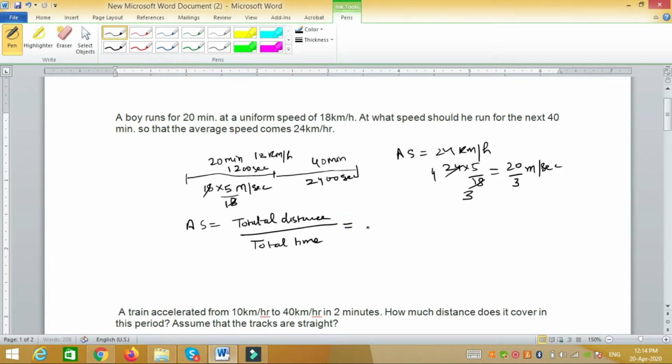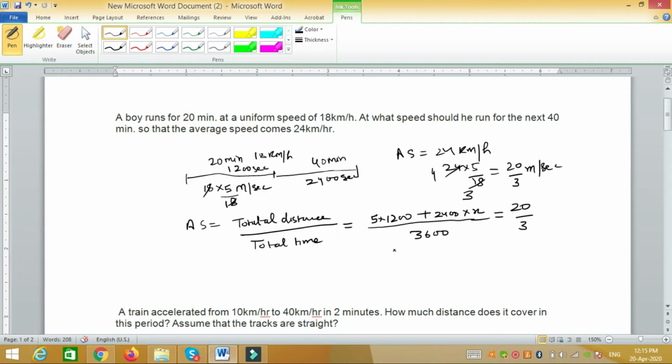The total distance in this case: distance is equal to speed into time, so you have to multiply this 5 by 1200, and similarly this 2400 is the time, and the speed we do not know, so we let it be x. The total time would be 1200 plus 2400, that is 3600. Total distance upon total time, you have to put it equal to 20 by 3, and the rest is very easy. You have to just solve for x.